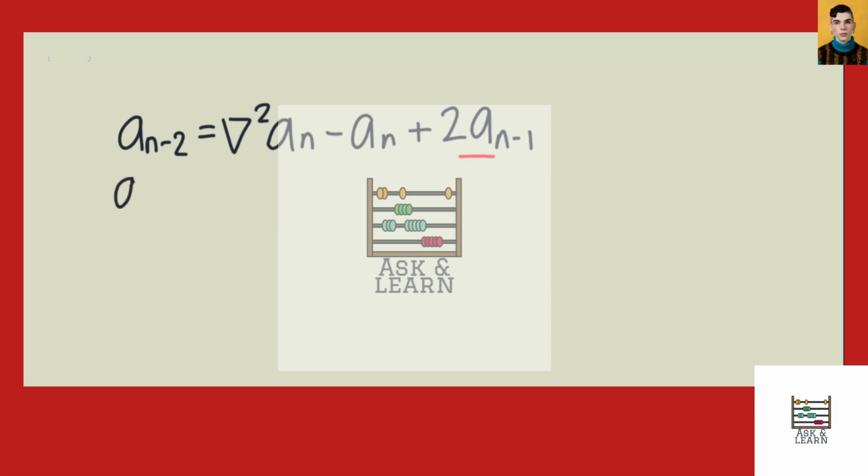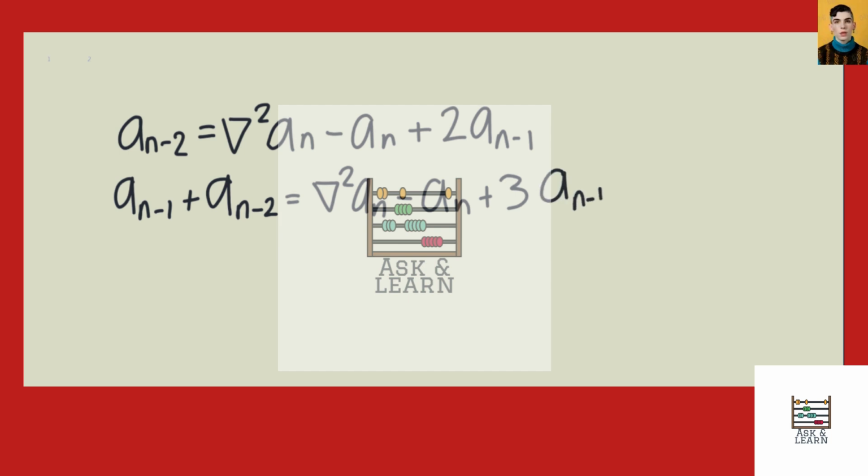Okay, so we'll get a_n minus 1 plus a sub n minus 2 is equal to the second difference of a_n minus a_n plus 3 times a_n minus 1. So that in this instance, we added a_n minus 1 to each side.